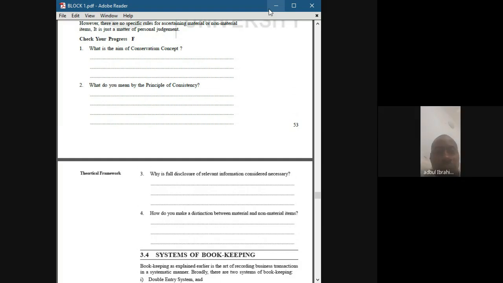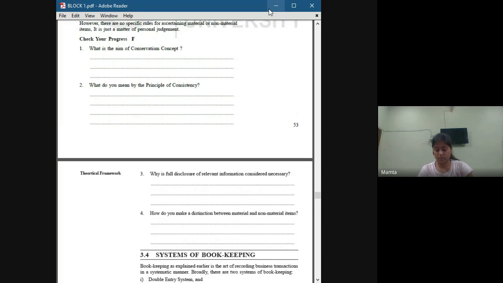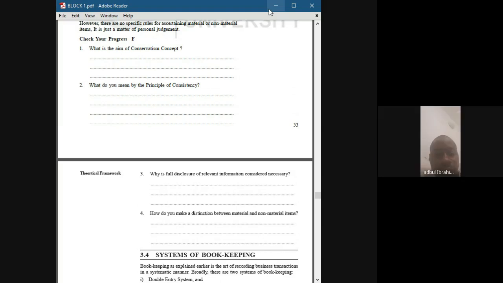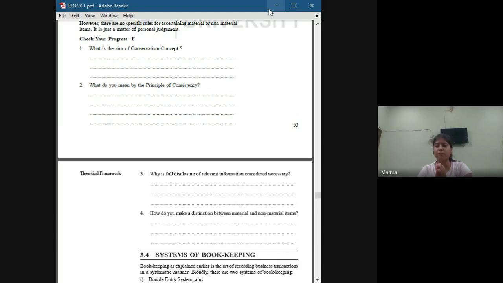Ma, I need more explanation about double entry, please. See, if I say it in simple words, double entry is giving and taking. One thing you take, the other thing you give. If you take goods from some person, then you have to pay them in the form of cash.